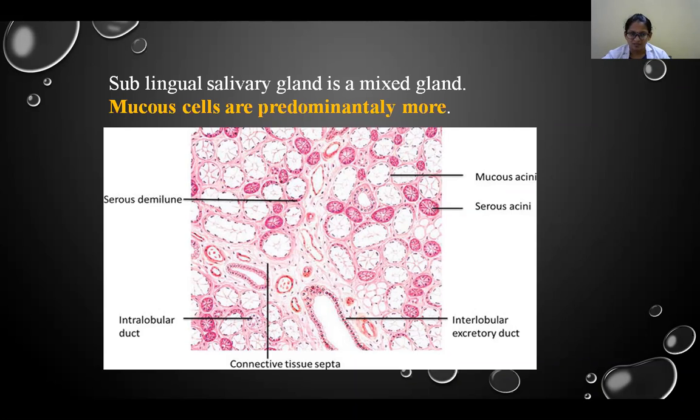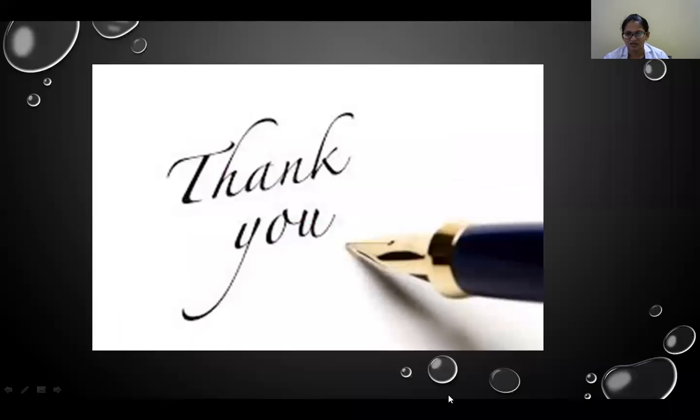In the submandibular gland, serous cells are predominant, whereas in the sublingual gland, mucous cells are predominant. The minor salivary glands secrete 10% of the saliva, and all minor salivary glands are mucous glands except the gland of von Ebner, which is a serous salivary gland. Thank you.